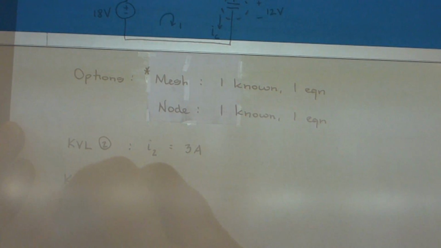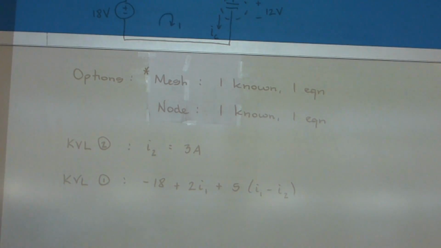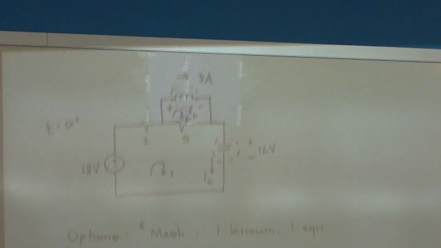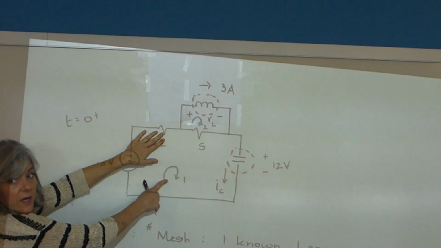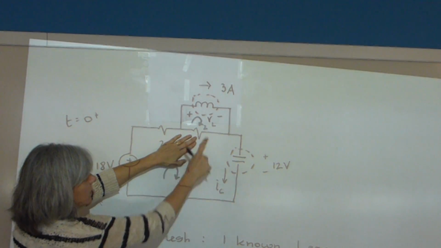Looking at KVL around mesh 1: minus 18 plus 2I1 plus 5 times (I1 minus I2).